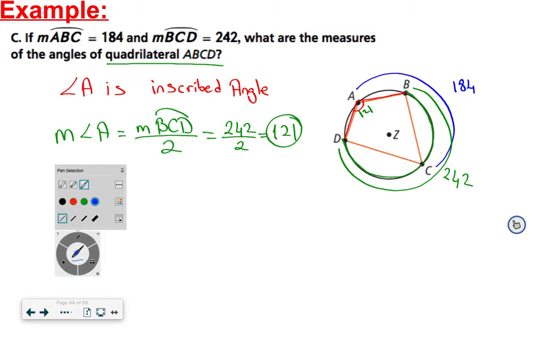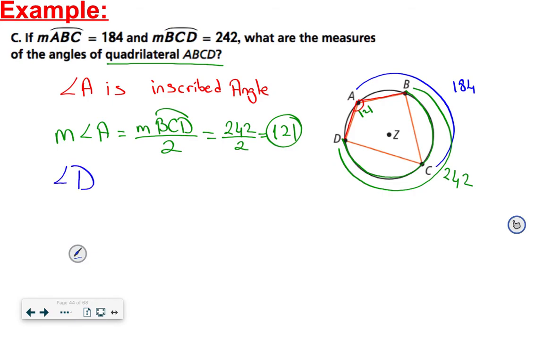Now, I want you to focus on angle D. Angle D is also an inscribed angle. And this inscribed angle is half of the intercepted arc ABC.